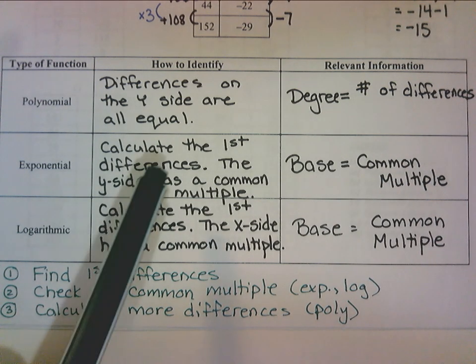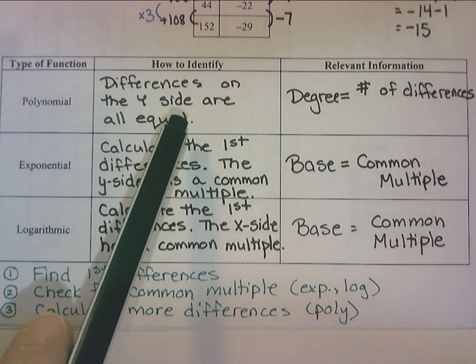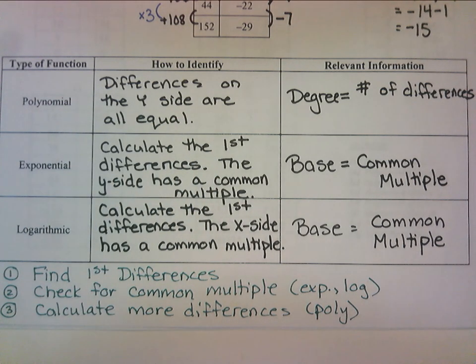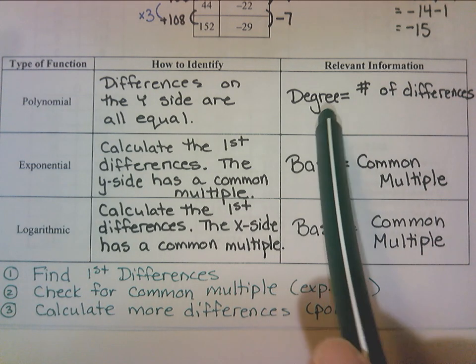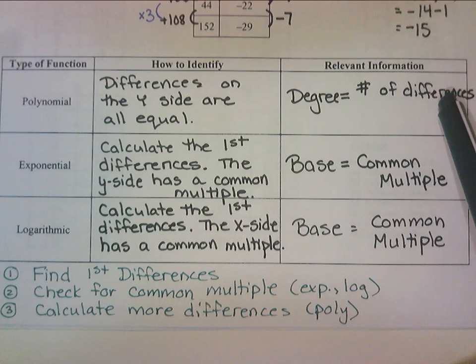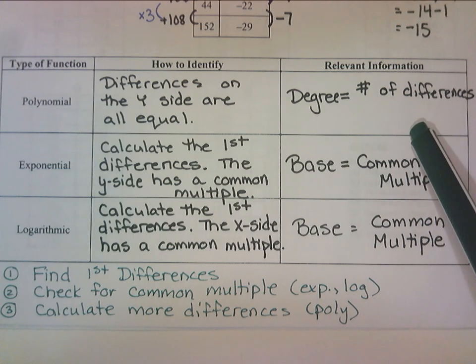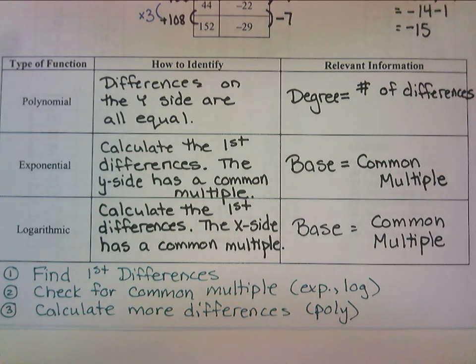So I wrote differences on the y side are all equal. That's how I know that it's going to be polynomial. And then for its relevant information, the degree of the polynomial equals the number of times that you had to do the differences.